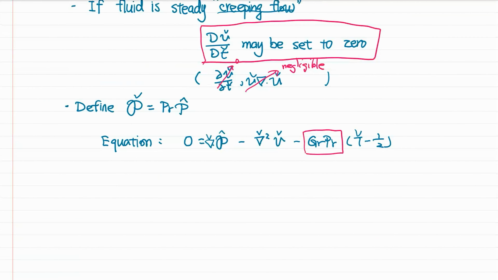Now, you can see that this very special number, which is the product of the Grashof number and the Prandtl number, we now define as a new dimensionless number called the Rayleigh number, which equals the product of the Grashof number times the Prandtl number.